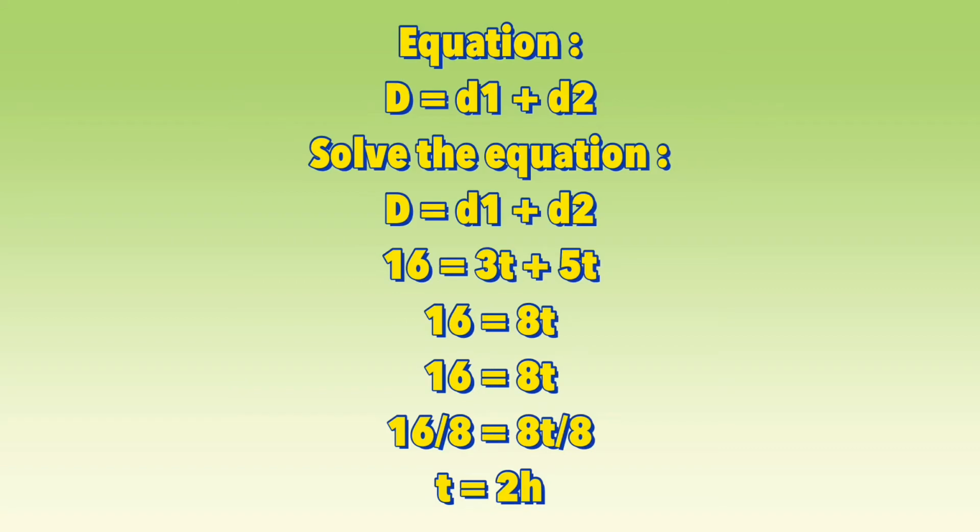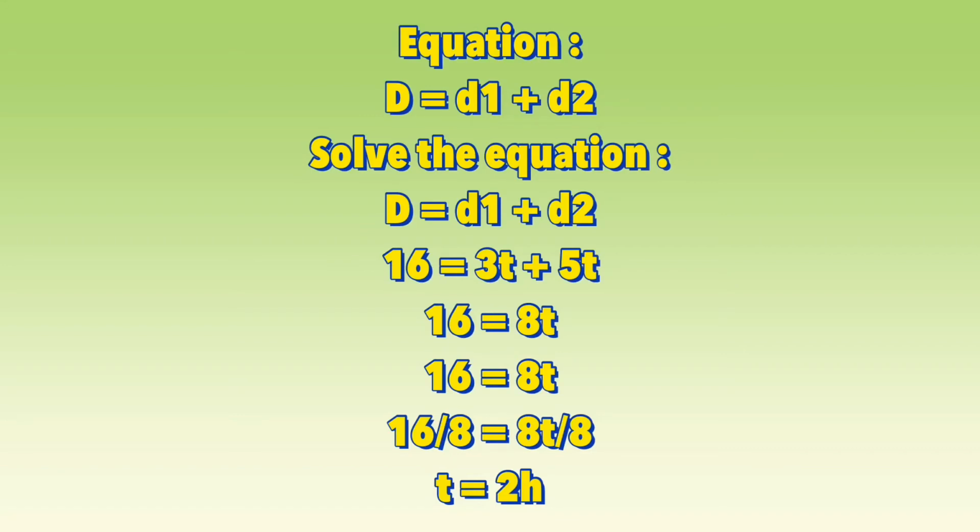Then substitute: for the distance of Lorna, remember we have D equals RT. So the rate of Lorna is 3 kilometers per hour times T. So that's why it becomes 3T, plus the rate of Peter, 5 kilometers per hour times T. So that's why it becomes 5T.